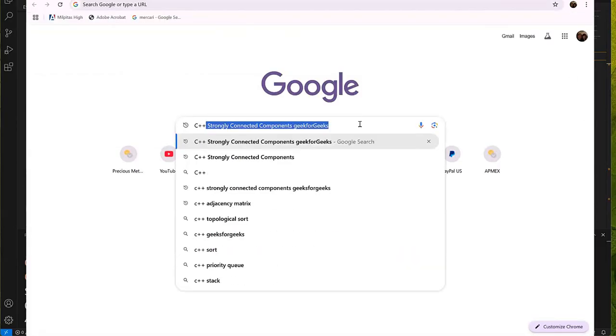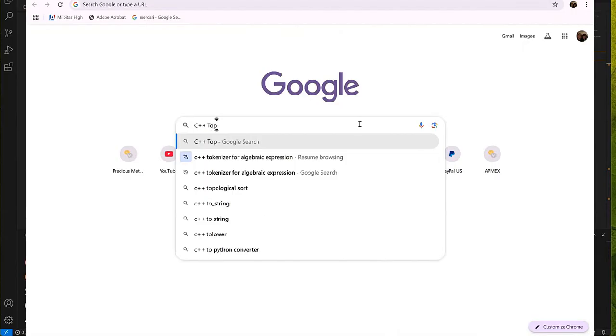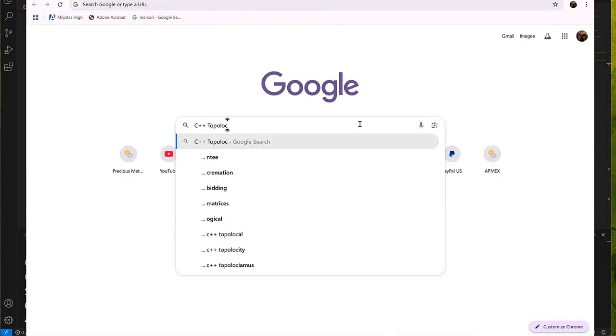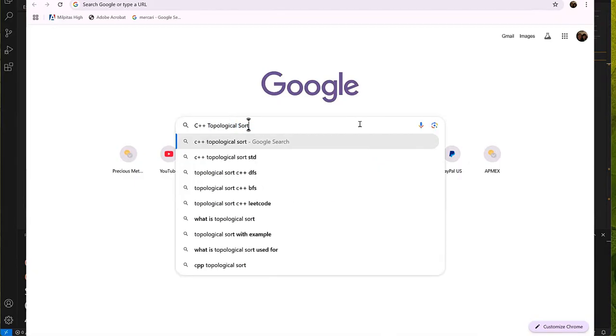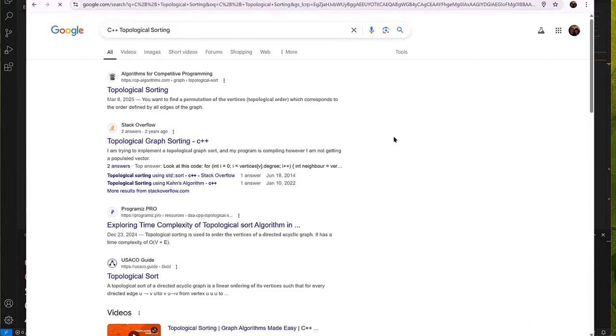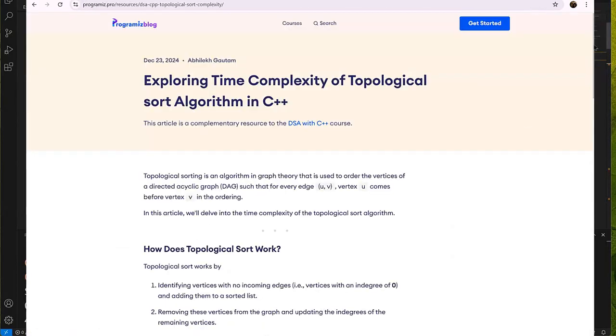So C++ topological. Let's use a program site, okay? I trust this website more.